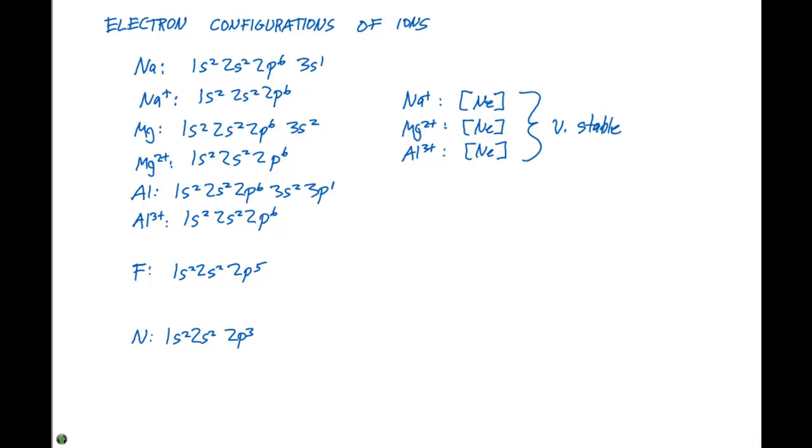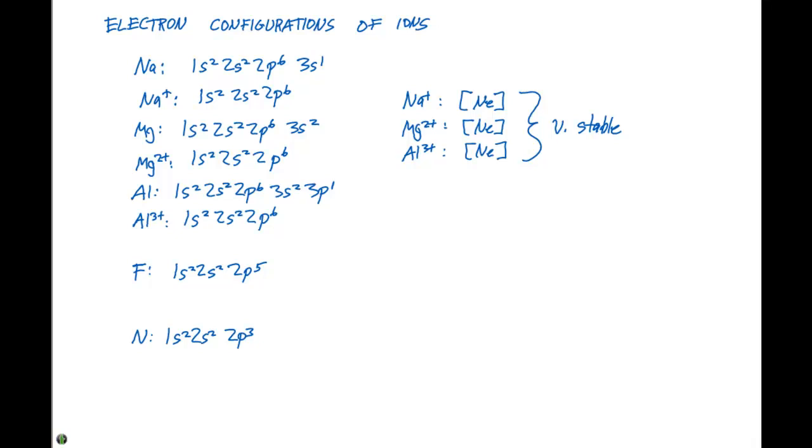And this is actually why sodium wants to be a +1 charge, magnesium a +2, and aluminum a +3, because they will exist as the noble gas configuration, which would be, in this case, neon. It's a very stable arrangement, and all of the quantum mechanics theories that we looked at all show that electrons want to exist in the most stable arrangement possible.